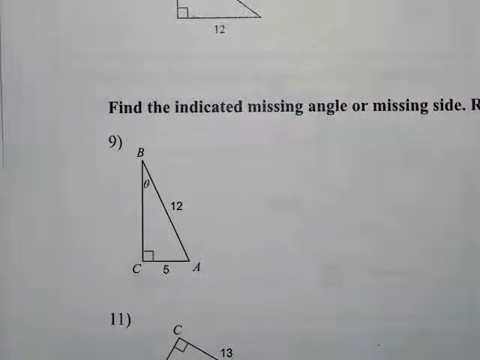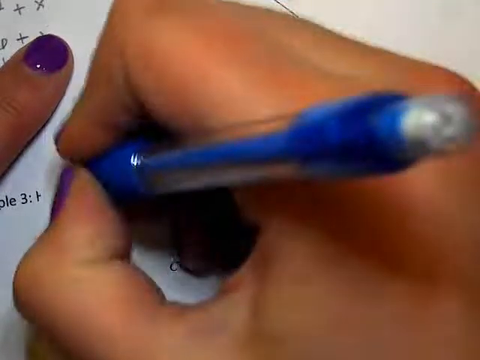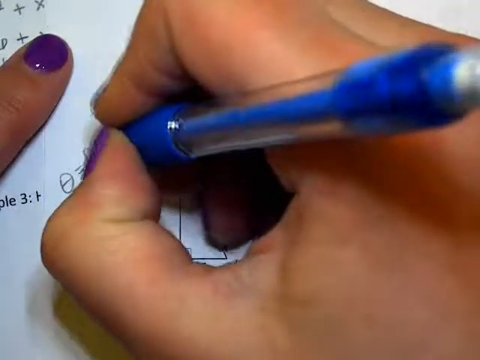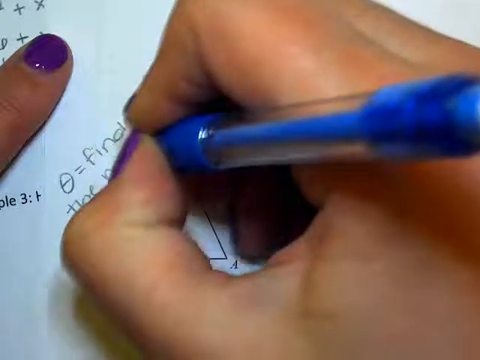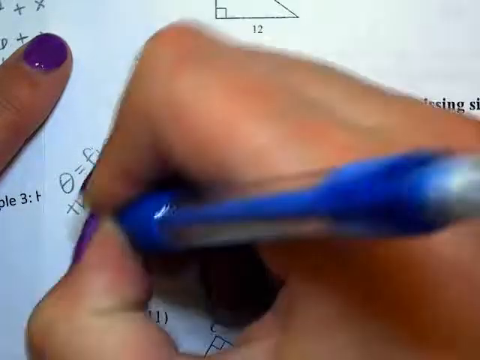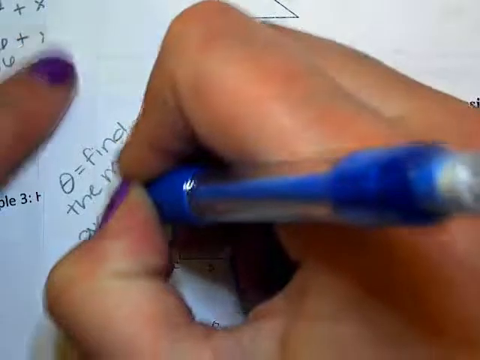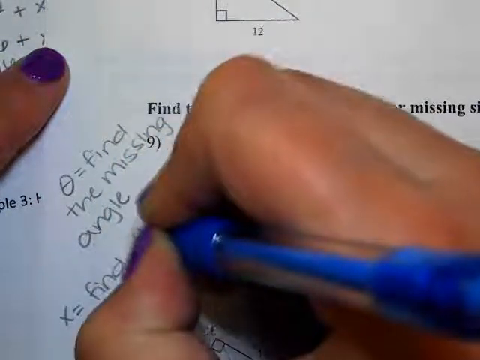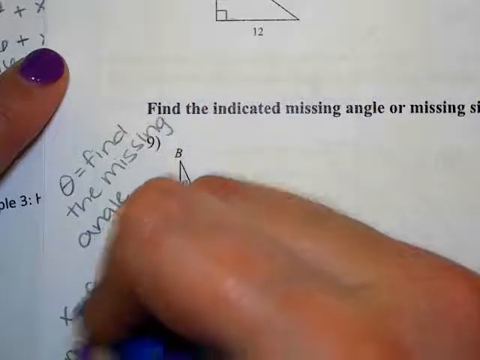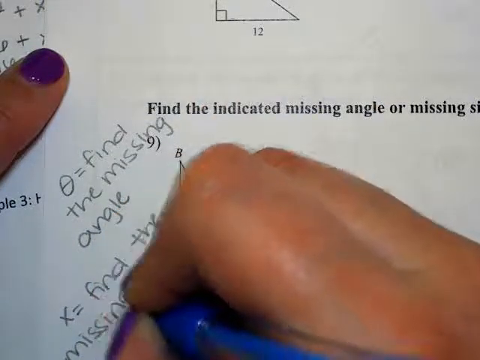So theta, we'll write this off to the side, theta is find the missing angle. Or x is find the missing side. I'm just writing it off to the side, next to the section that starts with 9.